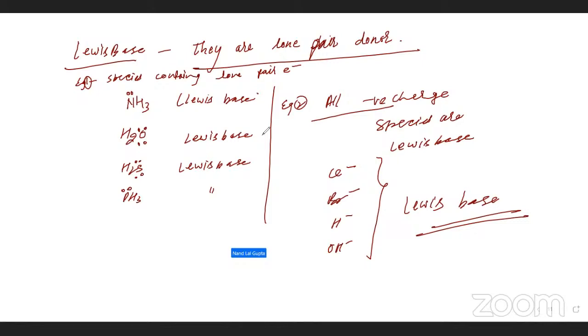So done. Okay. What product will form from the reaction between the Lewis acid and Lewis base?